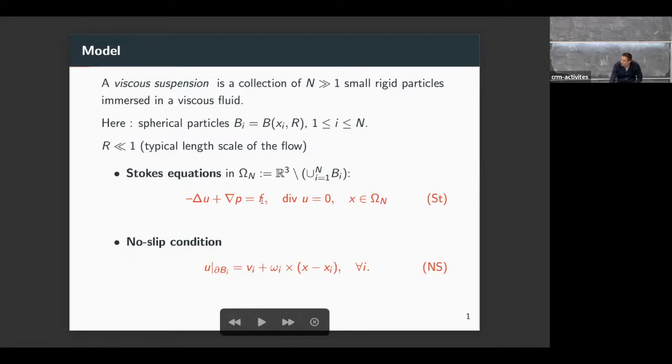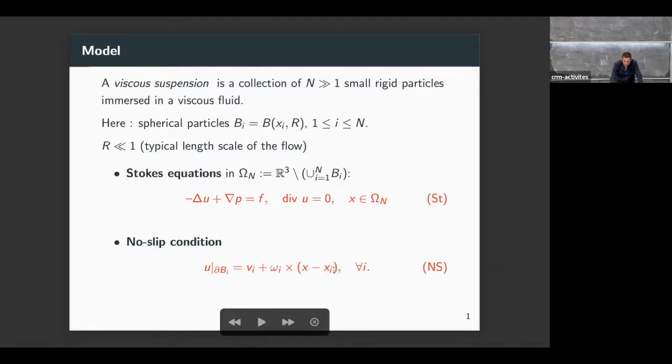And there is a forcing term, as promised, F. And of course, accordingly, I impose a no-slip condition at the boundary of the particles, which means that the velocity field of the fluid, U, at the boundary should be the velocity field of the particle. And as the particle is rigid, you can describe this velocity field by some linear velocity Vi and some angular velocity omega i. Okay, so there are n particles.